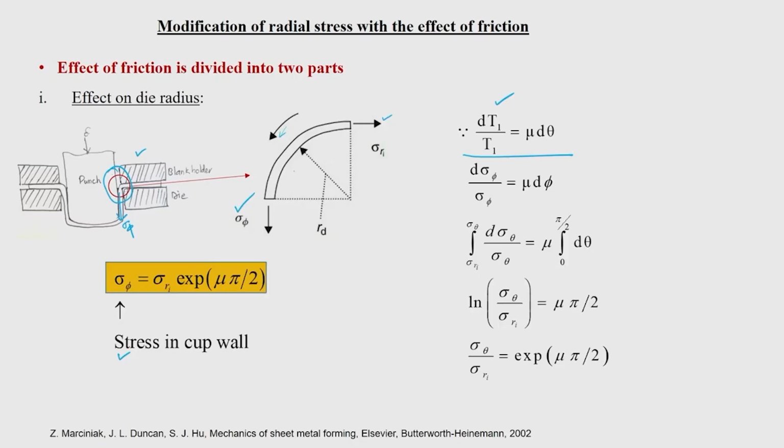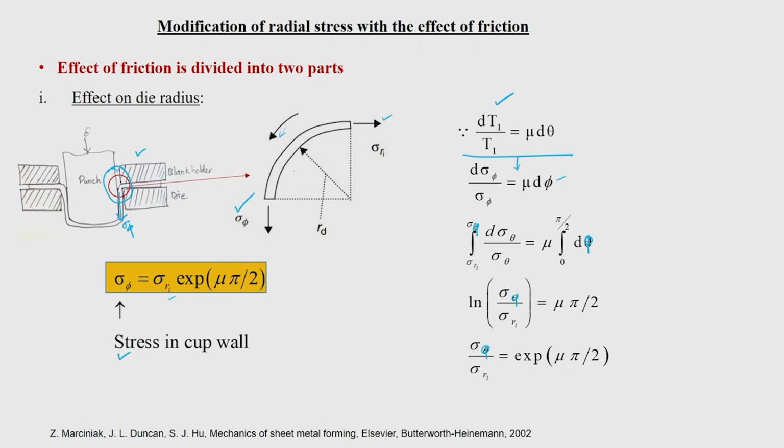Now the same thing can be rewritten in this way, d sigma phi by sigma phi is equal to mu d phi, and of course you can integrate it. Finally, sigma phi would be equal to sigma Ri exponential mu into pi by 2.